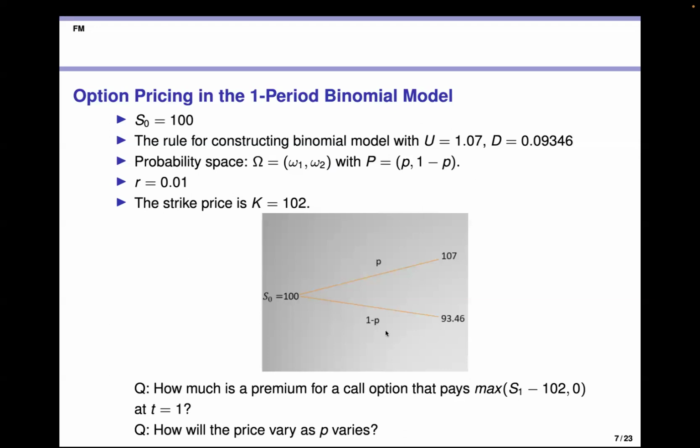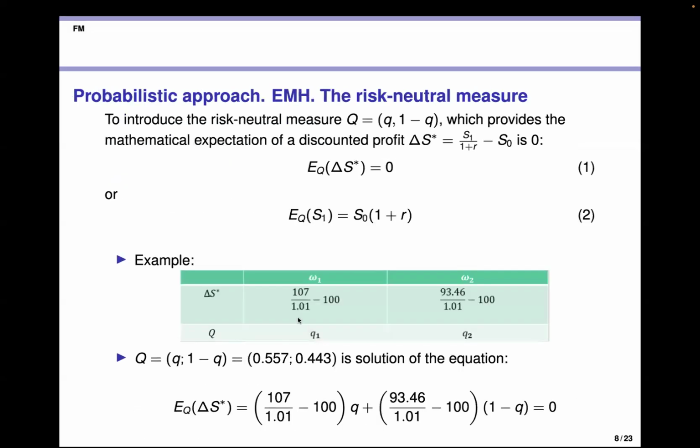And this is how we describe the market for stock prices. What about the derivatives? For example, a call option is given, and we know the strike price of this call option.